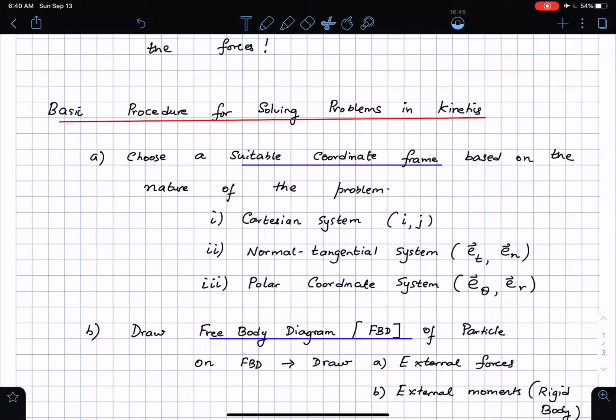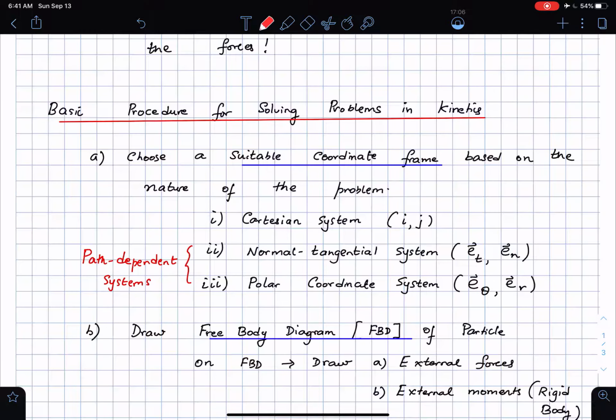But if the particle is traveling on a curvilinear path, then you can have either normal tangential or the polar coordinate frame. So these are path dependent coordinate frames.